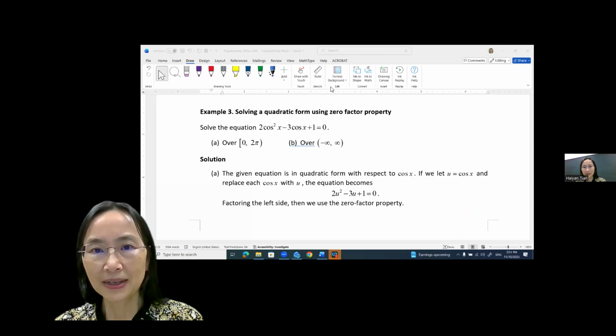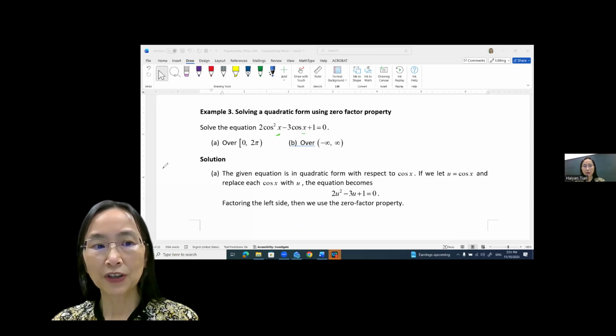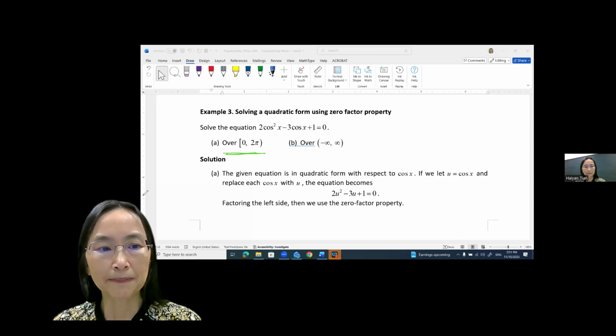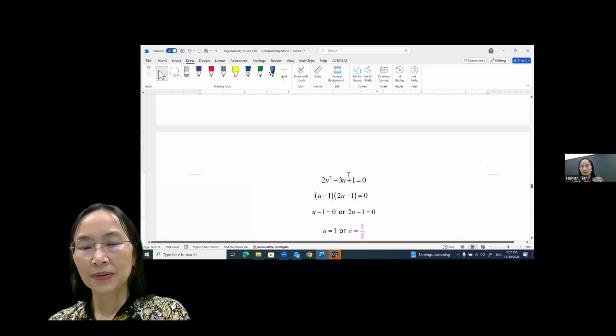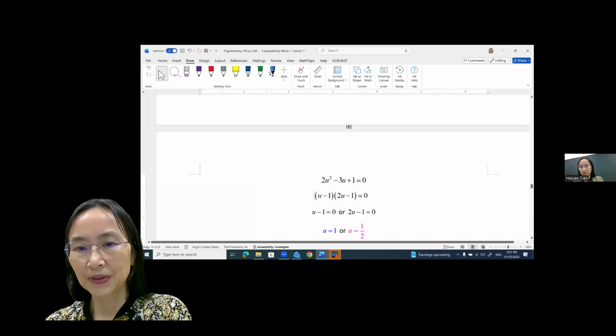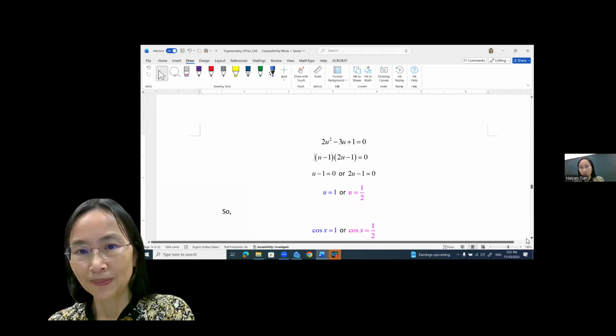But that's not it, because we have to find x. So far, we have found cosine x. So then we want to find x over this interval from 0 to 2 pi. So you see the process is recognize the quadratic form, right?